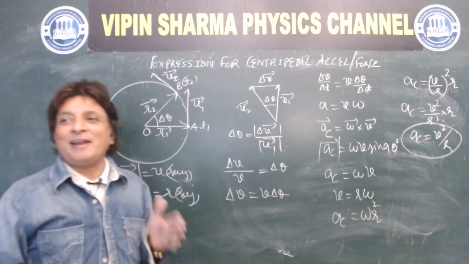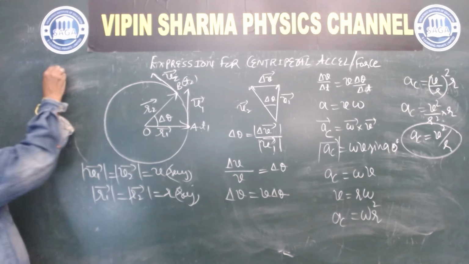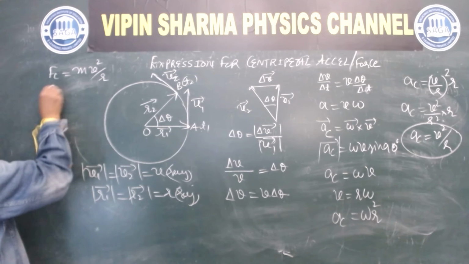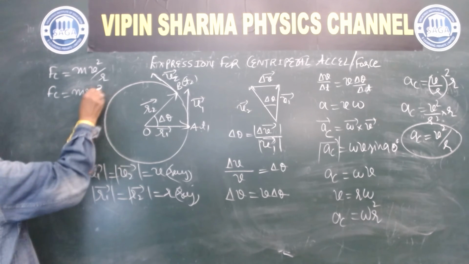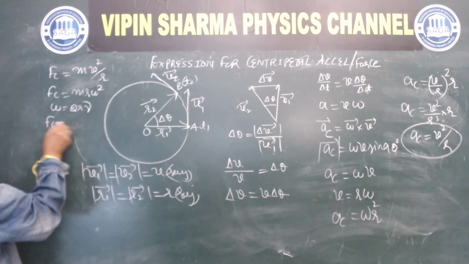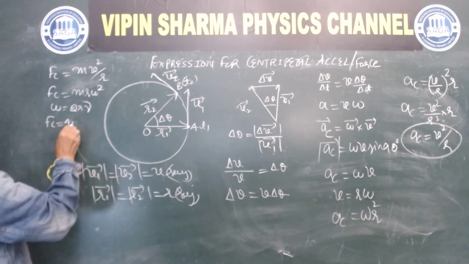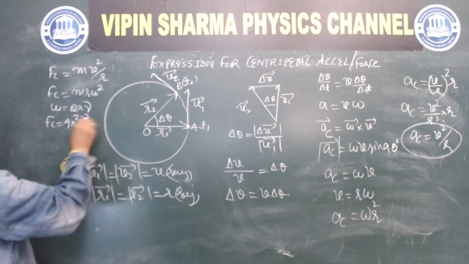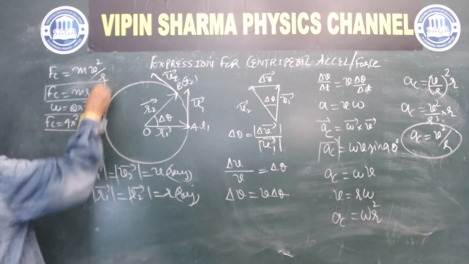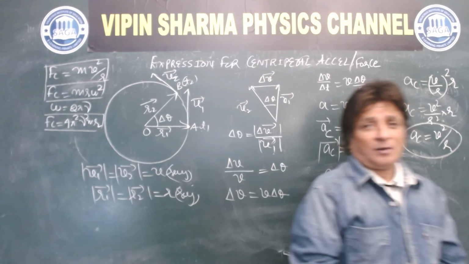So here I write: centripetal force is mass into v square upon r, or it is m r omega square, or since omega is equal to 2 pi into frequency, omega is 2 pi nu, this is 4 pi square nu square m r. You must be knowing all these formulae. So these are three formulae of centripetal force as well.